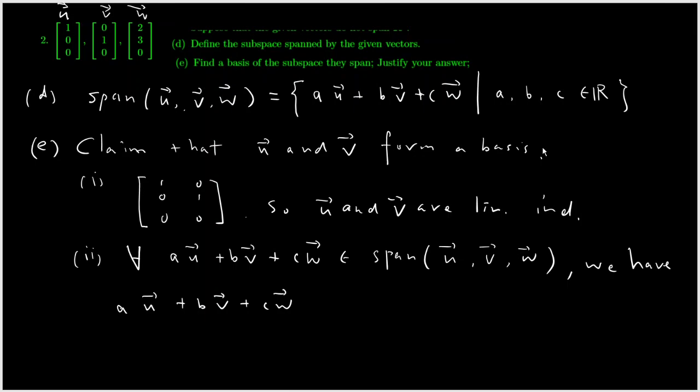That's a vector in the spanning set, which means that's a linear combination of U, V, and W. Anybody want to tell me how to write that vector as a linear combination of U and V only? That's what we want, right? We want to show any vector in the spanning set is a linear combination of U and V only.